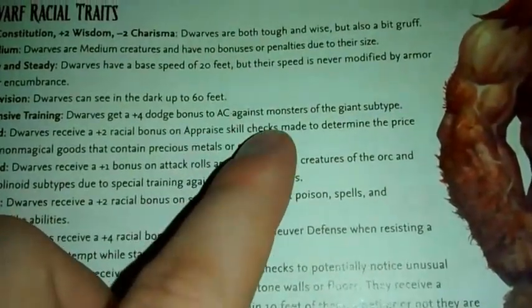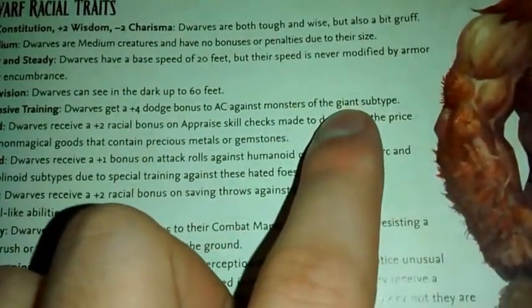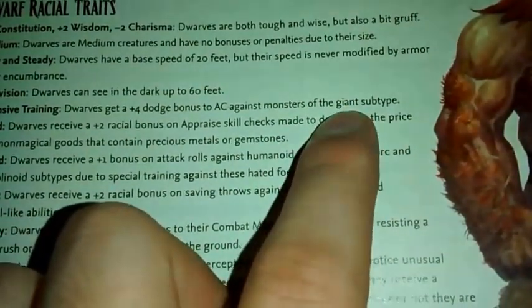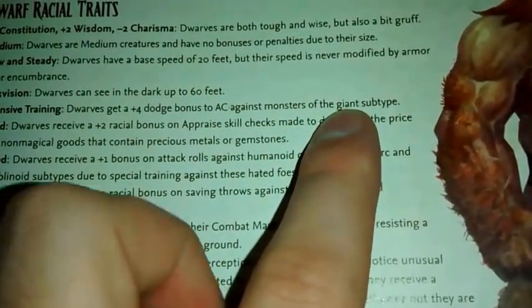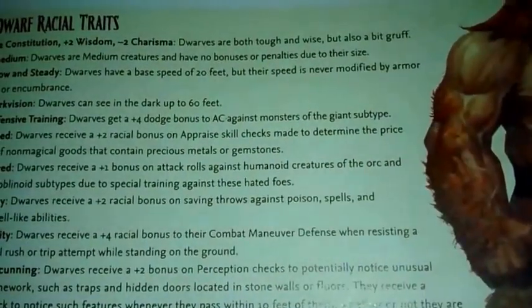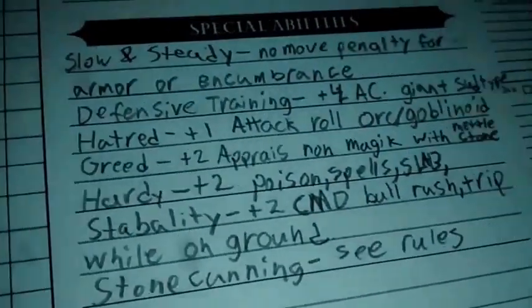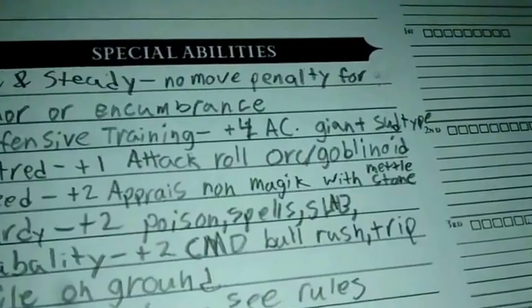And the third thing is when it gets modified. So it gets modified against creatures with the giant subtype. So the main thing here is against giants. So this is the information you want to put on your character page. So, under defensive training, on my character page, I have +4 AC giant subtype.